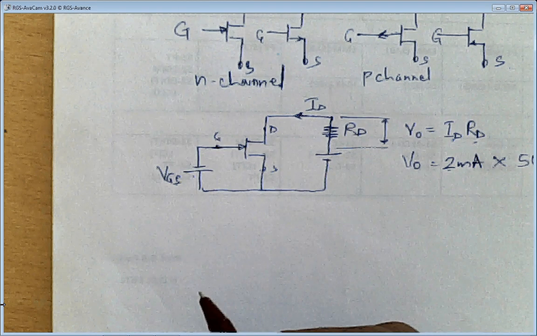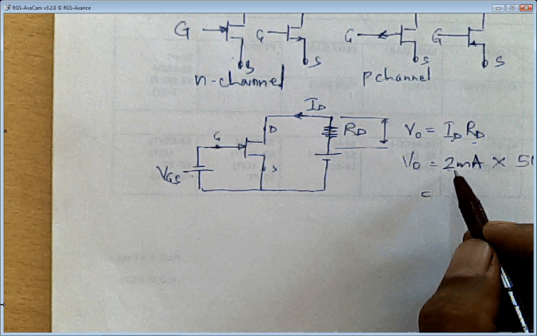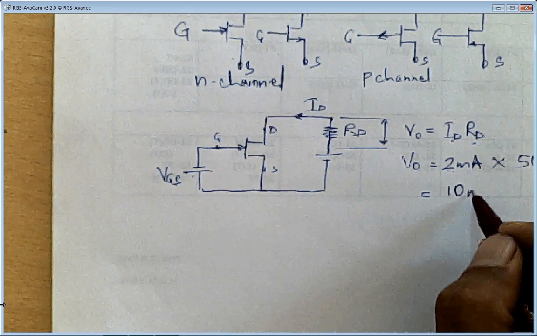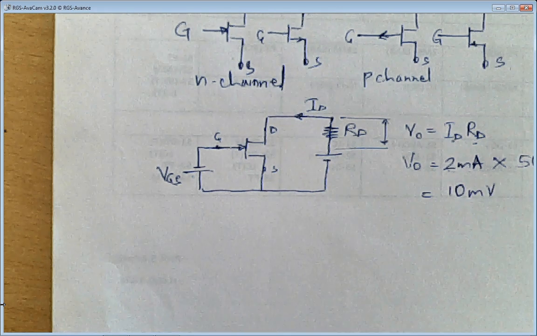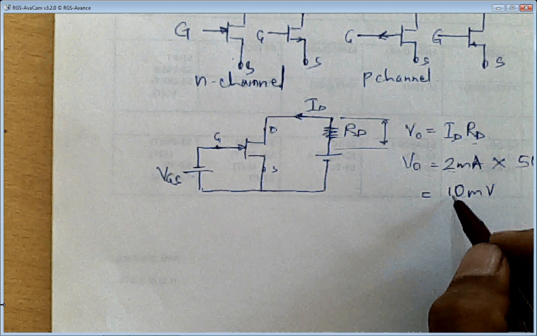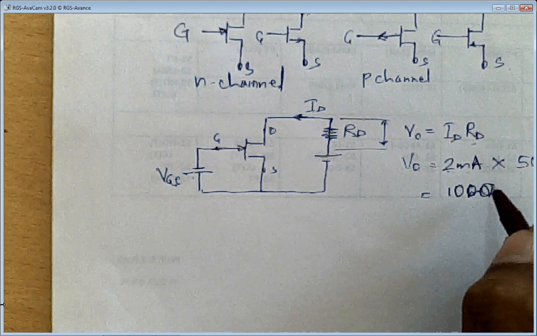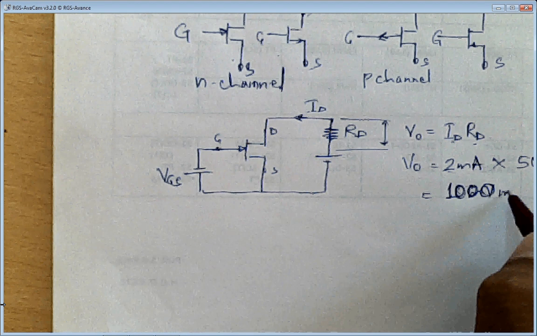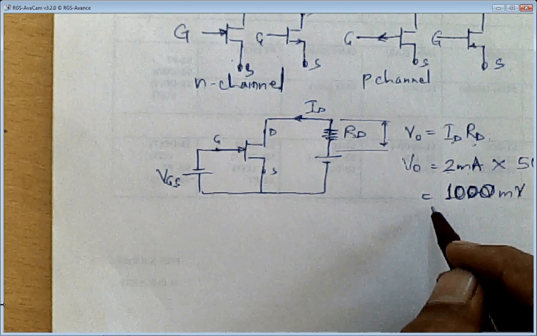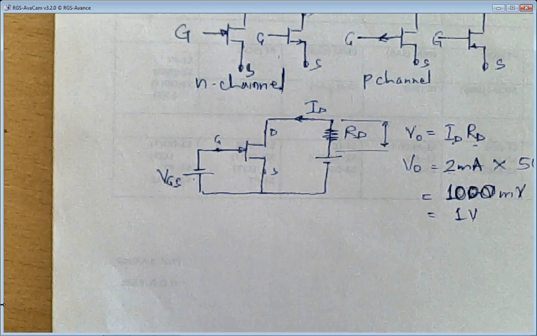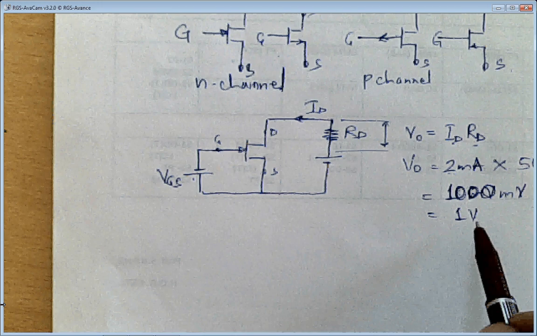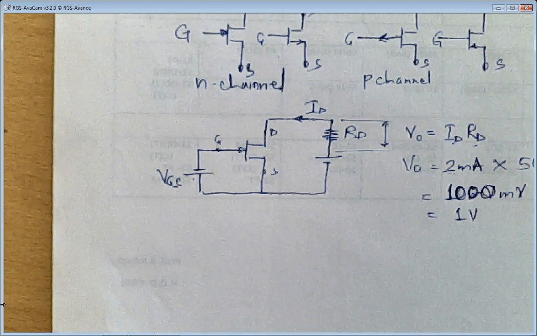Then it will be 2 into 500, which is 1000 millivolts. Now removing milli, it will be 1 volt. So I can have 1 volt output voltage by connecting RD of 500 ohms.